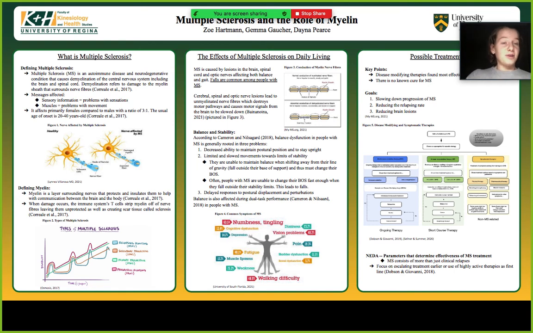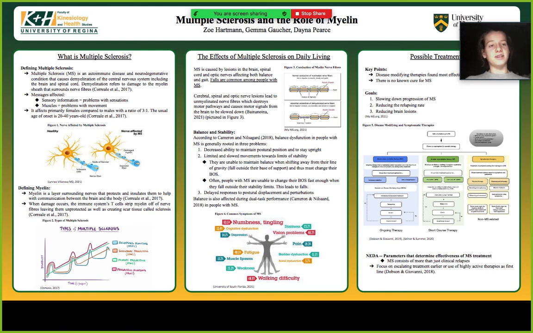So let's now talk about some possible treatments. Some key points first. It's important to know that there's no known cure for MS itself. That means there are different types of approaches, but none of them are exactly perfect to actually cure this disease. Most of those therapies and concepts focus on RMS, which is the easiest to treat because the beginning stage of MS is basically a relapsing remitting one.